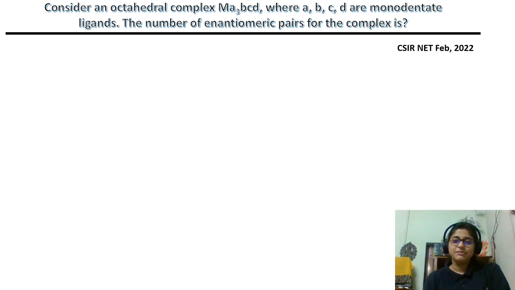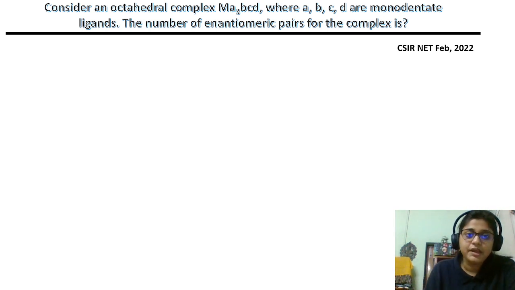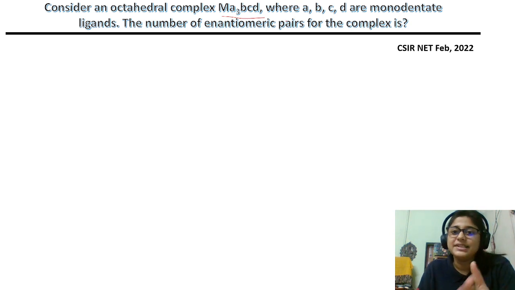Now coming to the questions, PYQs, so that you can understand it in a better way. Here, [M A3 B C D], where A, B, C, D are monodentate ligands. The number of enantiomeric pairs of the complexes.